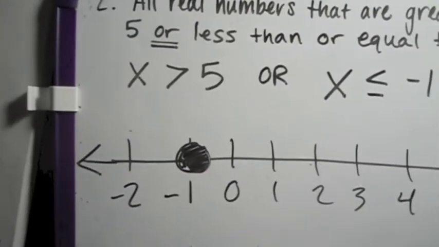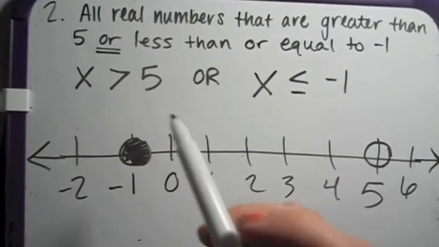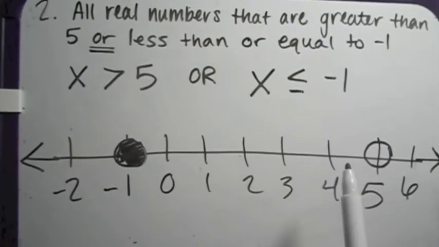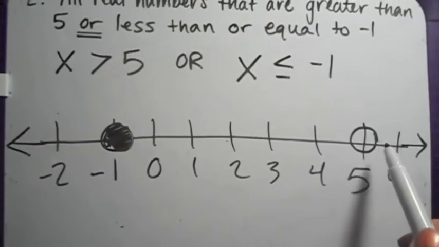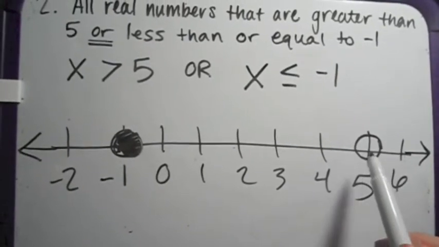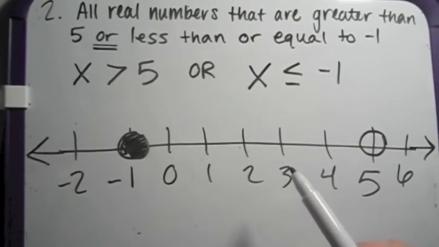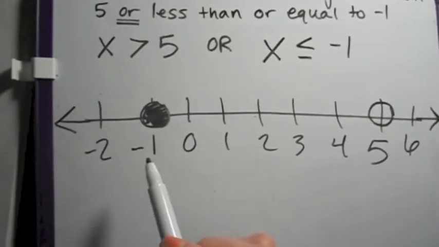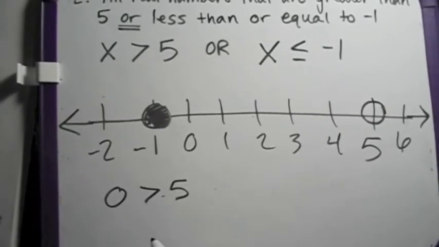I'm going to do x is greater than 5. So x greater than 5. I like to plug in a test point because I need to know if I should bold the left side of 5 or the right side of 5. If I try the left side of 5, I'll pick 0. Is 0 greater than 5?